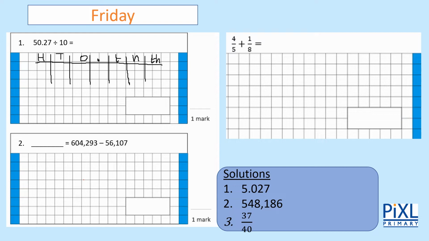So as I'm dividing, I know my number's going to get smaller, and I'm dividing by 10. So each digit in my place value holder is going to move one place to the right because I'm dividing by 10. When we divide by 10, each number moves once. So let's put our original number in there, 50.27.